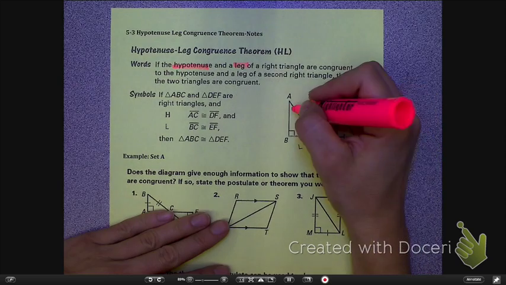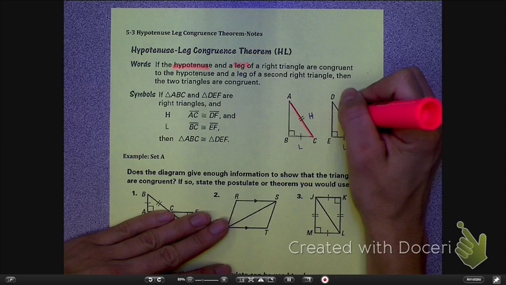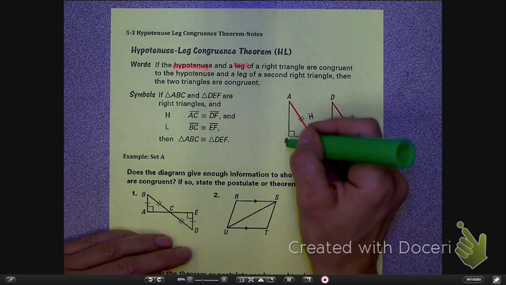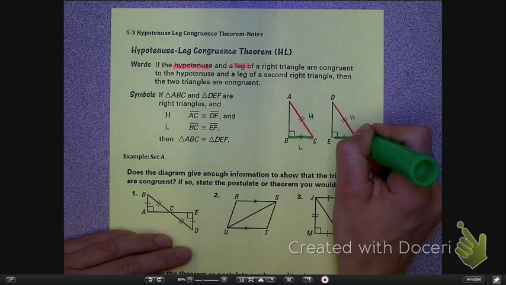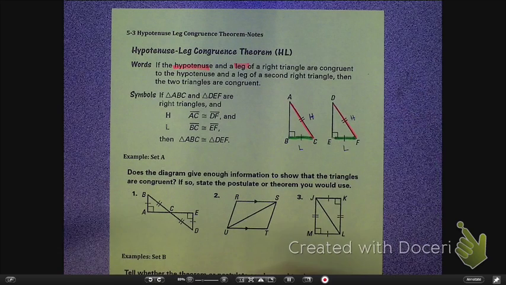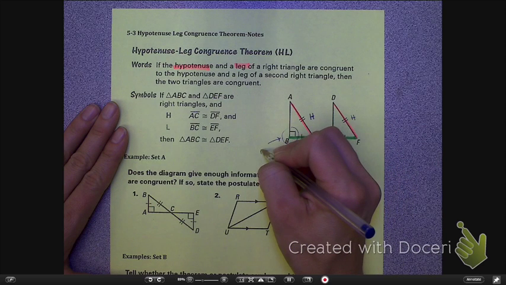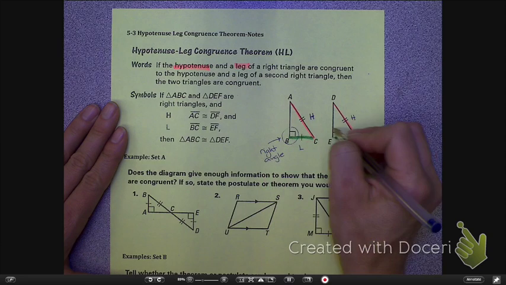So you have to have a hypotenuse in each triangle marked congruent. Then you must also have a leg in each triangle marked congruent, okay? Now, remember, the entire triangle has to be a right triangle, so you must know that it is a right triangle because it has a right angle marking in each triangle.